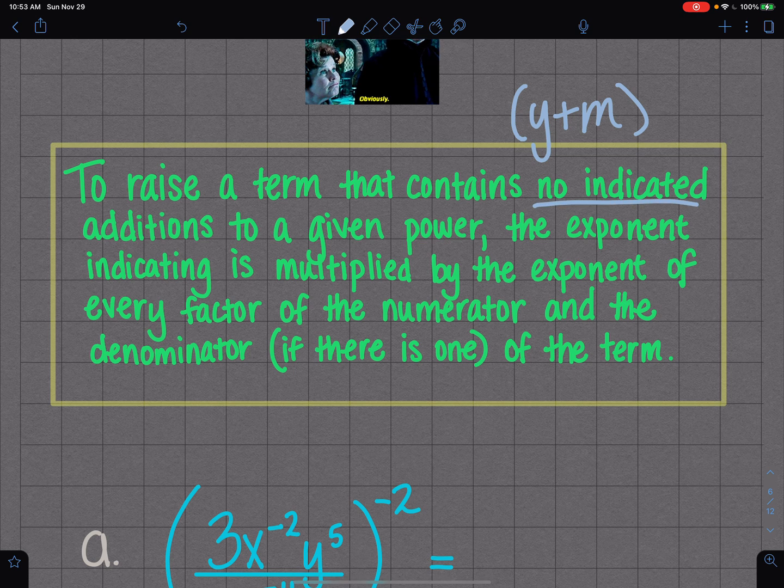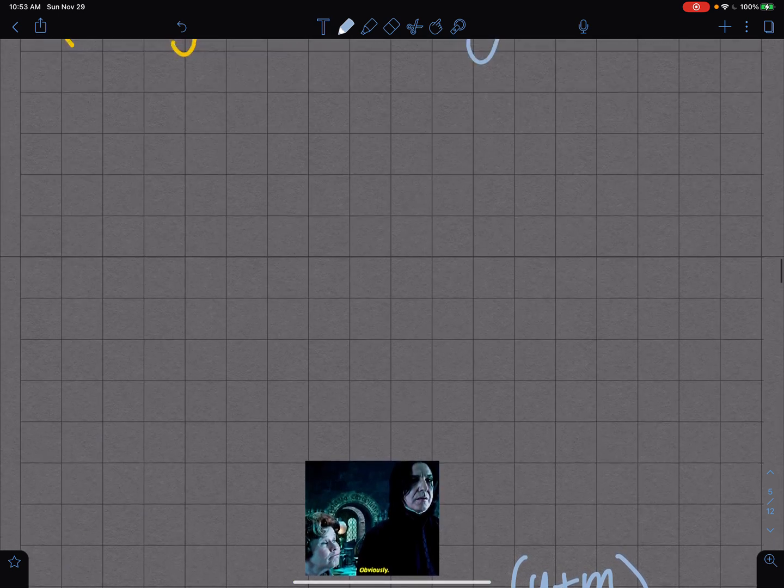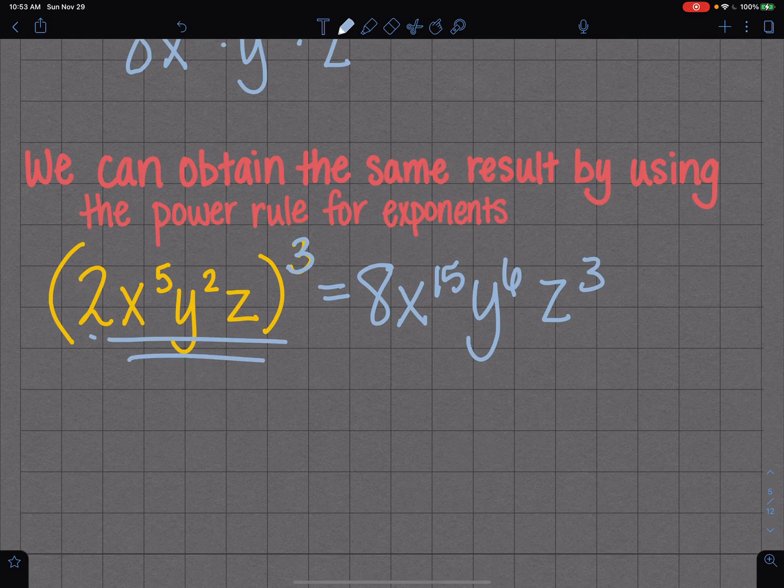So you have to have no indicated additions to a given power. The exponent that is indicated is multiplied by the exponent of every factor of the numerator and the denominator if there is one. So there wasn't a denominator here, but there could be a denominator.